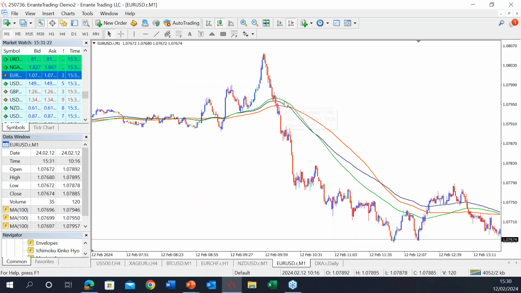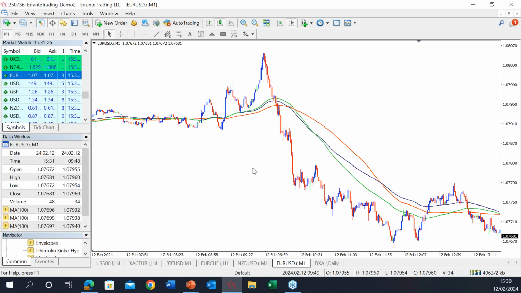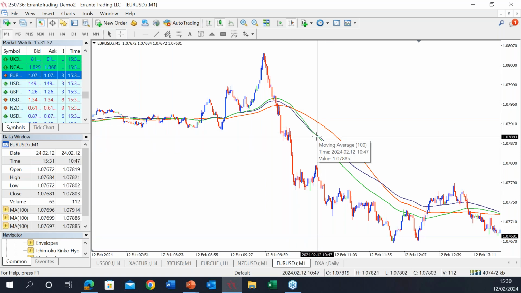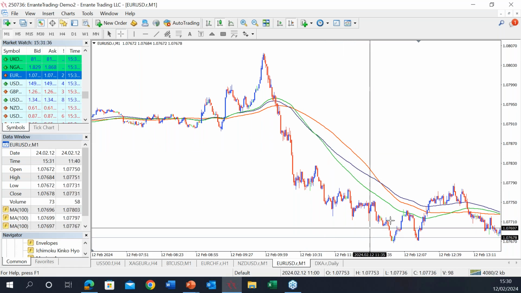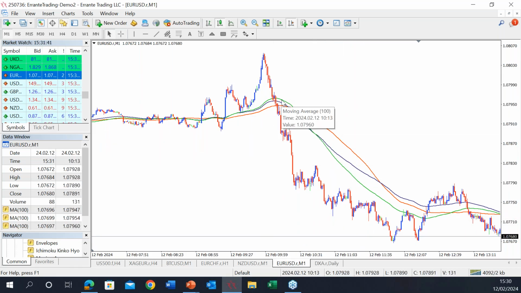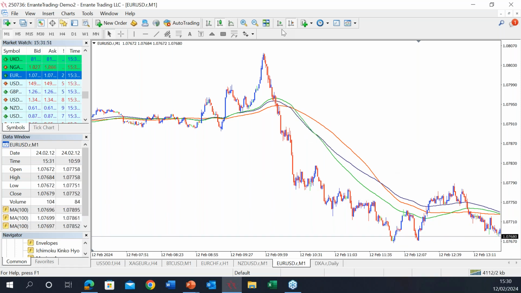And as you see, when we apply the 100 linear weighted, based on the market movement, after getting some momentum in the price, you see it gets closer to the price. And during each reversal, the linear weighted moving average is the first one which the price crosses below or crosses above.